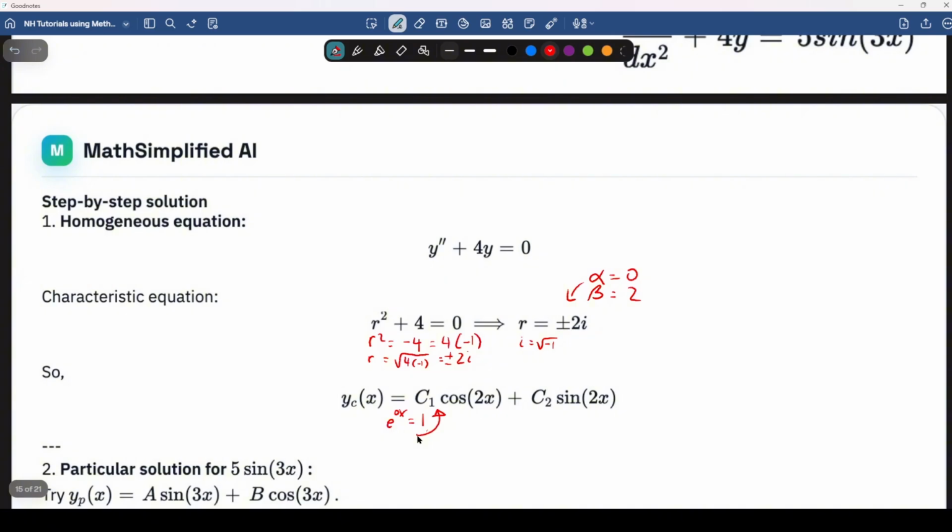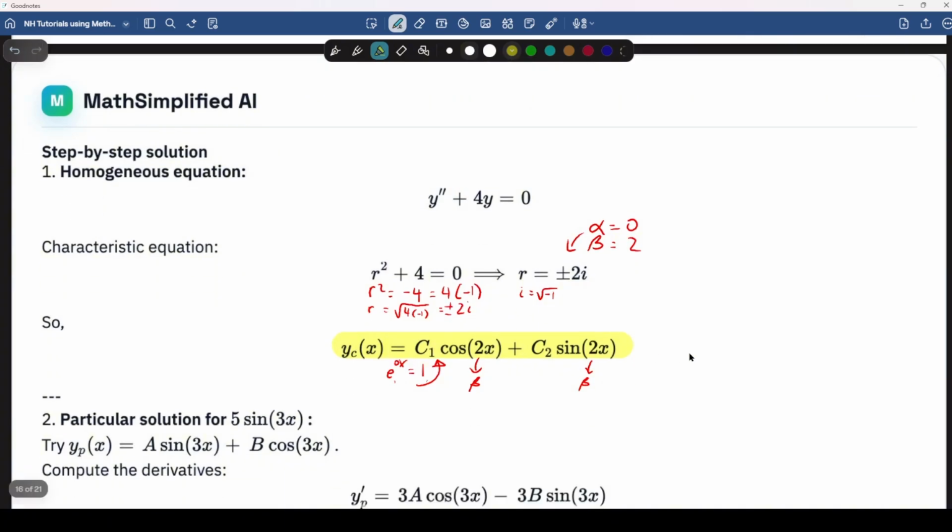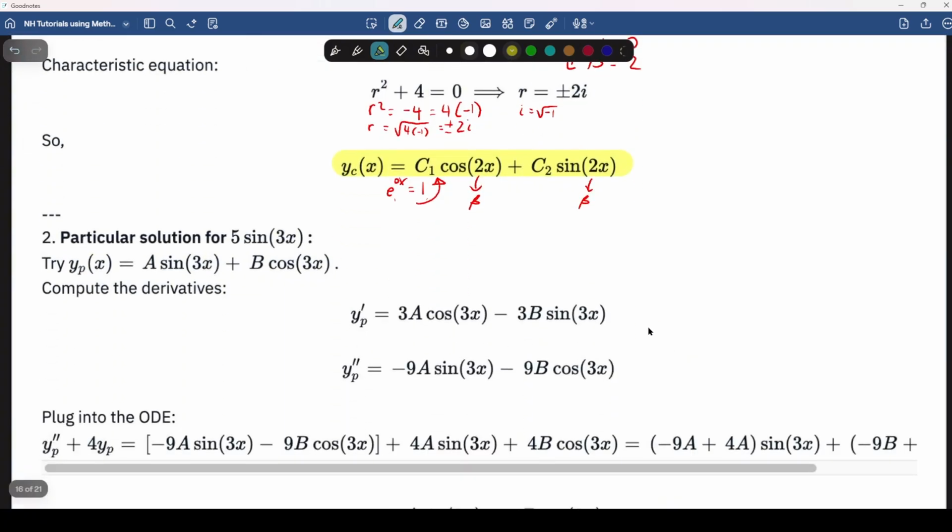So beta in this case is 2 and alpha is 0. Right, so the complementary function is c1 cos 2x plus c2 sin 2x. Basically, we have two unknown constants, so we can highlight this first. That's our complementary function, which we will use again later on.